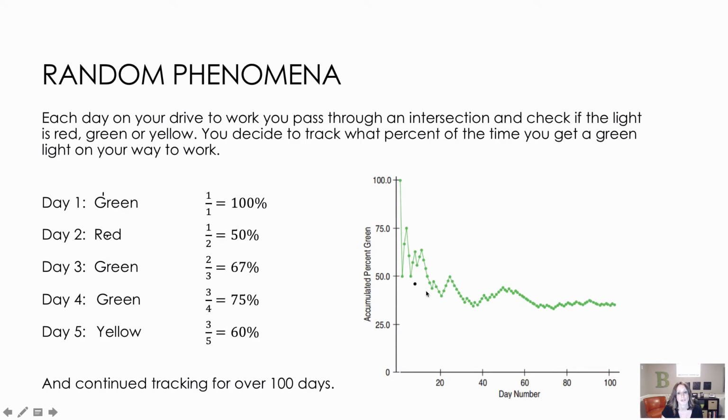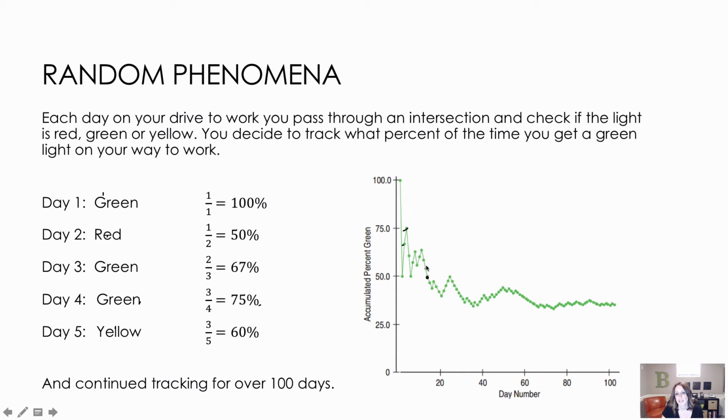So notice I've plotted the 50%. Day 3, I get a green. So now out of the 3 trials, 2 of them were green, so 0.67, which is here. The next day I get a green, so 3 out of 4, 75% of the time. Day 5, yellow, etc. And I keep following that pattern. And what do you notice about this?